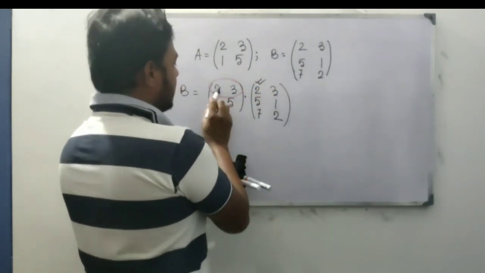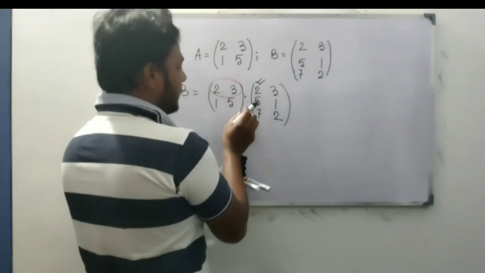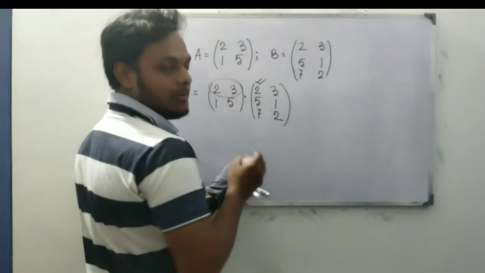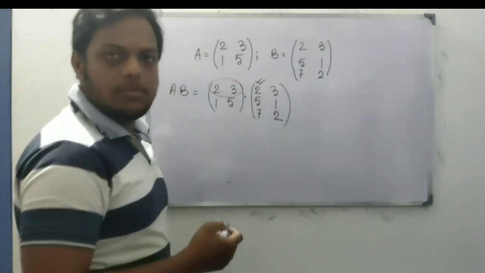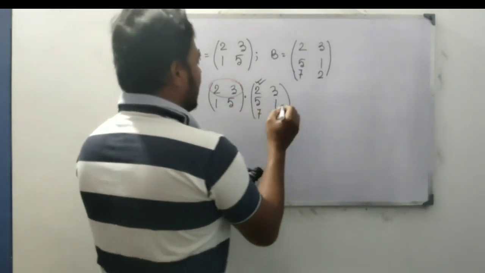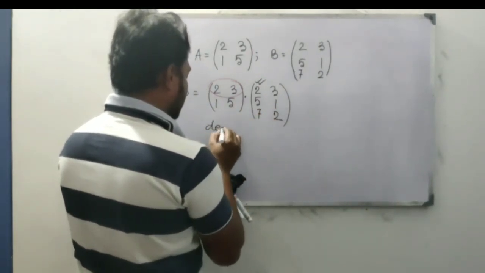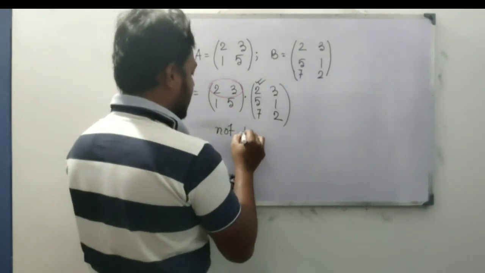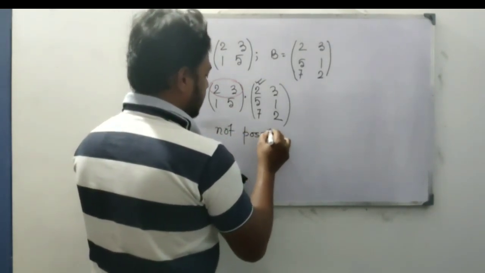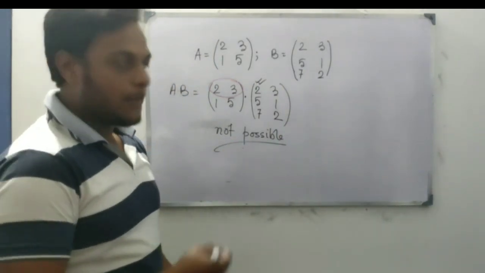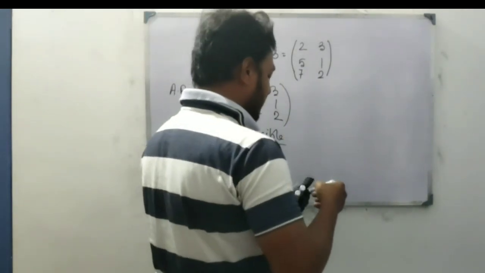So now is it possible? 2 into 2, 3 into 5, but no element is there which you can multiply with 7. So the inner product is not possible. Okay, so ultimately AB does not exist. AB is not possible. Now check whether BA is possible or not.